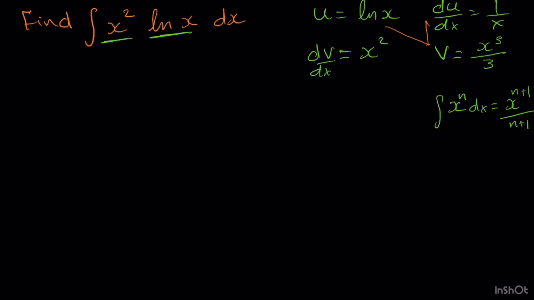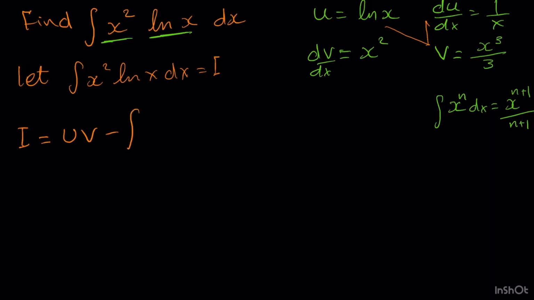Okay. So let's say this integration equals I. Let the integral of x squared ln x dx equal I. So instead of keep writing the integration of this, I can just write I equals uv minus the integration of v du over dx.